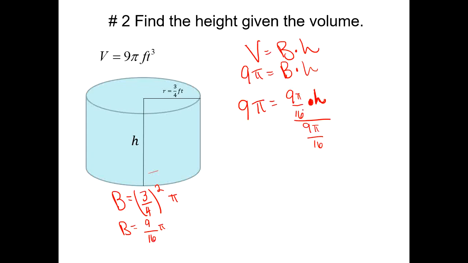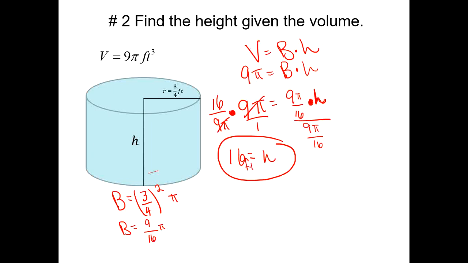So when we divide by a fraction, we can also multiply by the reciprocal. So we can multiply by 16 over 9 pi. Remember, 9 pi is all over 1 technically. So if we take 16 times 9 pi all over 9 pi times 1, these are just going to cancel. So we get 16 is equal to h, or 16 over 1, where h is 16 feet.